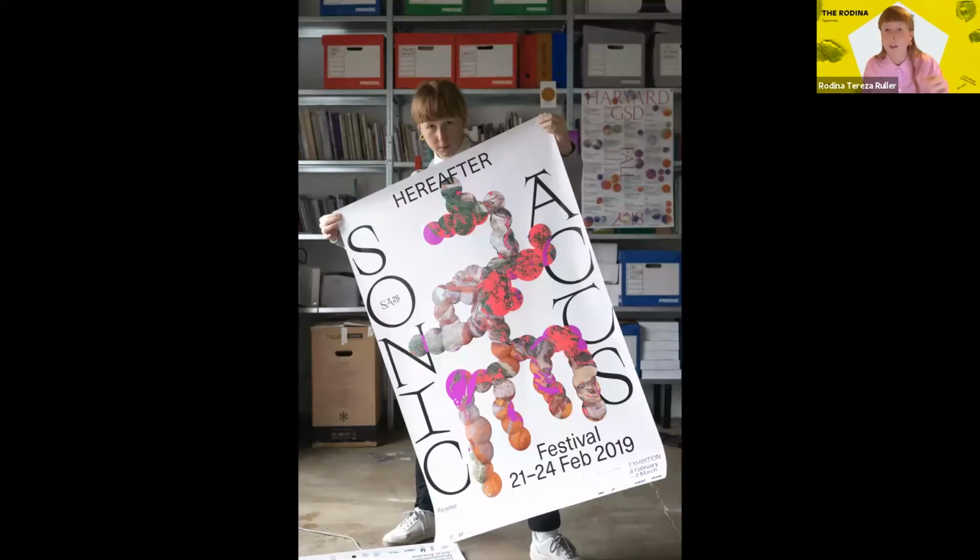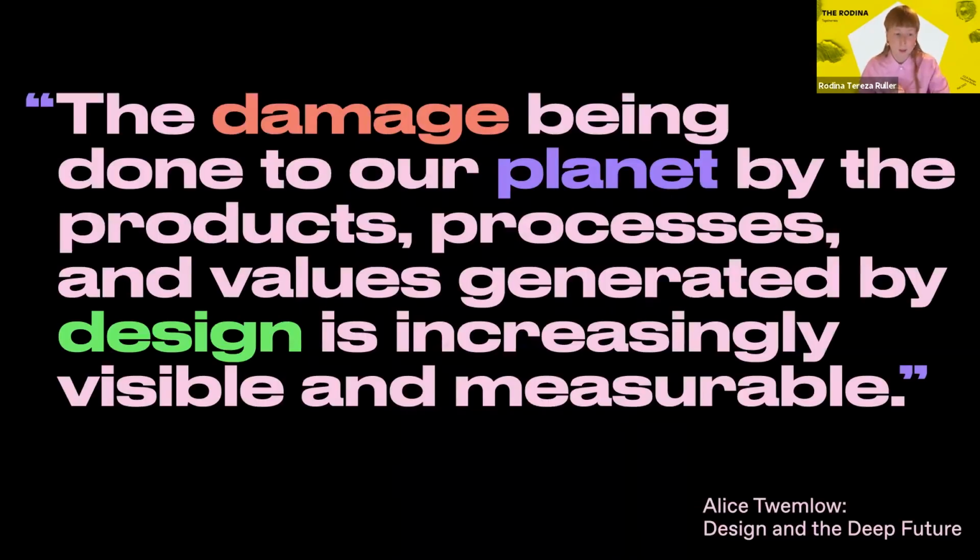So almost everything that surrounds us has been carefully crafted and innovated and shaped by us, designers. Design theorist Alice Twemlow talks about the visibility and measurability and also direct impact of the damage by design that puts us and the planet into direct danger.